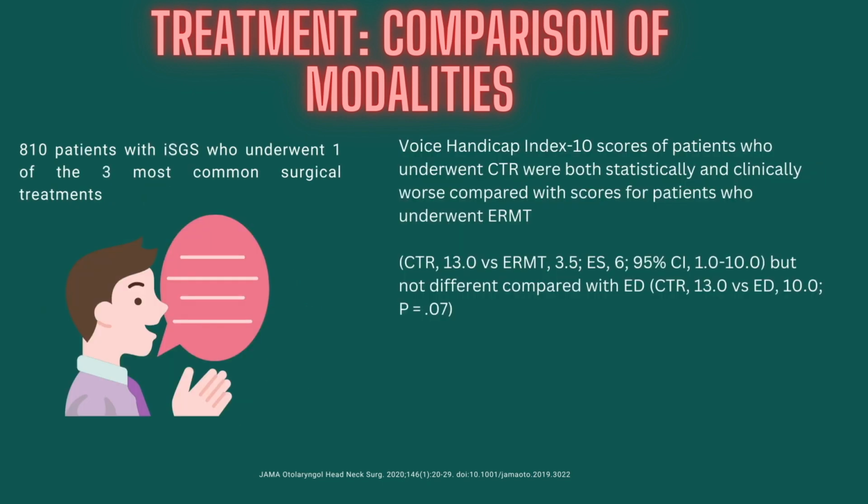What about the voice? Interestingly, the voice handicap index for patients who underwent surgery was actually worse compared to the patients who underwent endoscopic resection of the stenosis and medical therapy. This surgical treatment was not different compared to endoscopic dilatation.